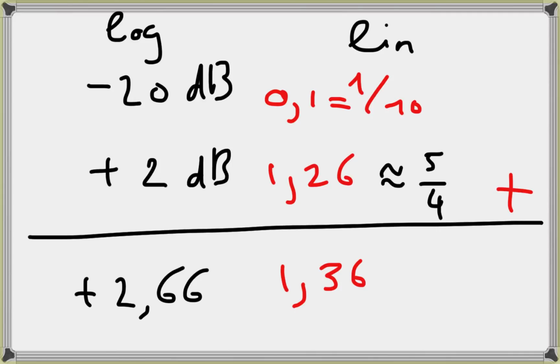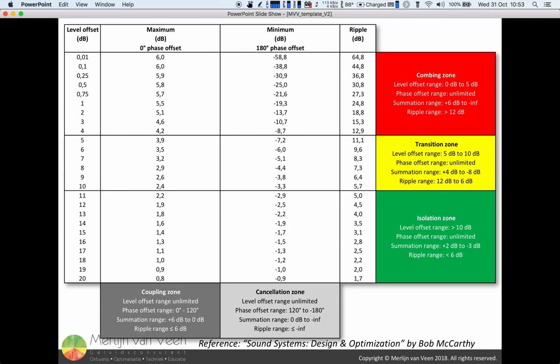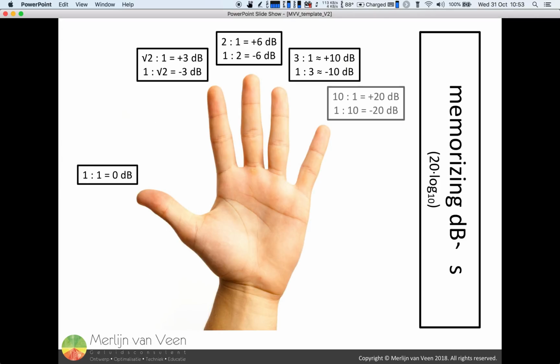And that is the intuition, that is the sixth sense that I wish for everyone that is working with decibels on a daily basis. And again, this entire analysis assumes, of course, that you have memorized your five-fingered rule. That is, of course, the underlying system.